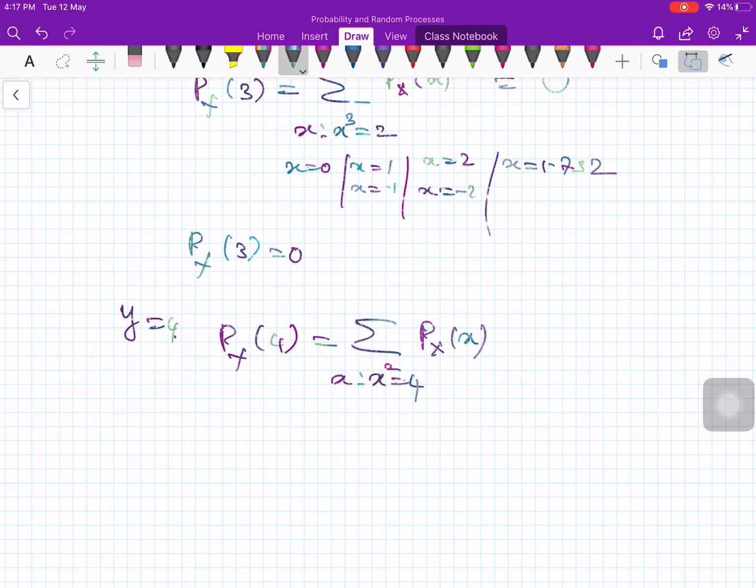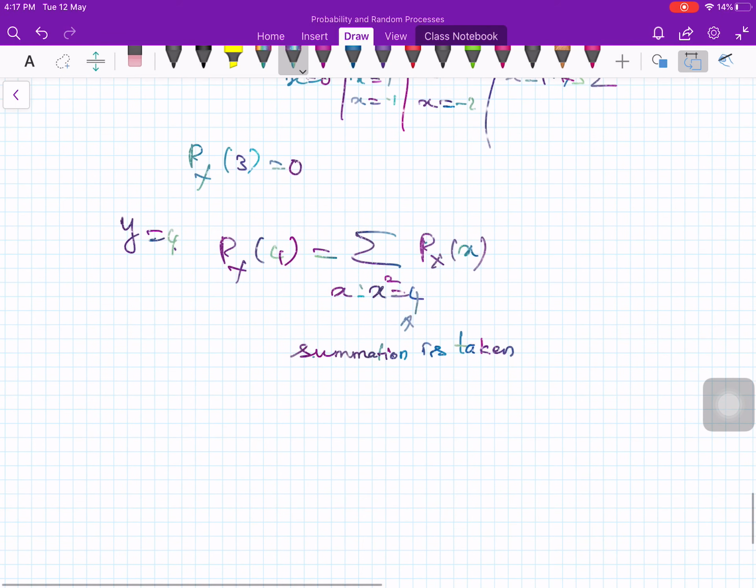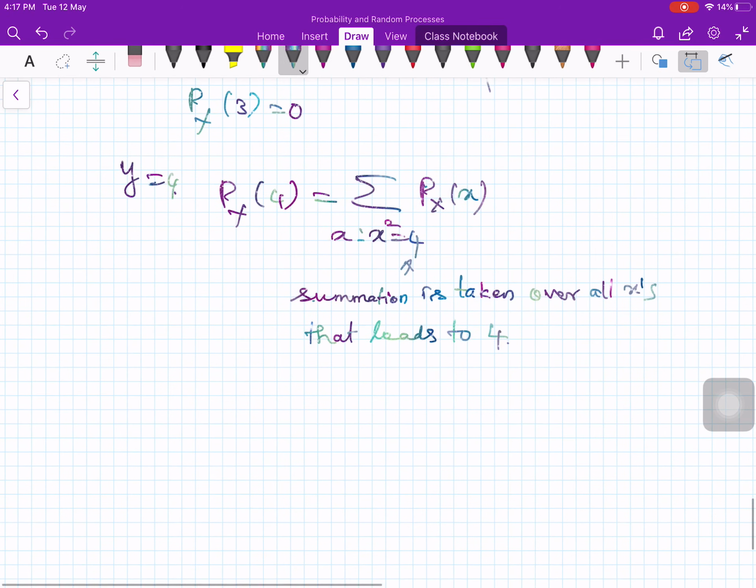Here the summation is taken over all x's that lead to 4. Now what are the x's that lead to 4?